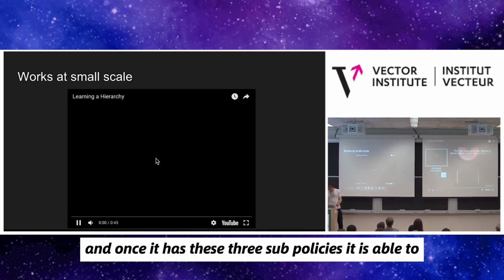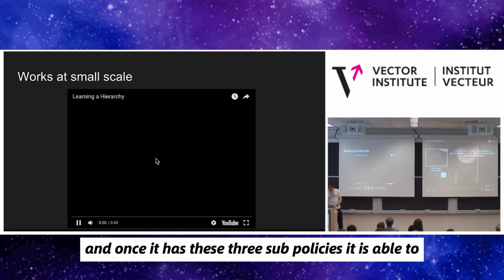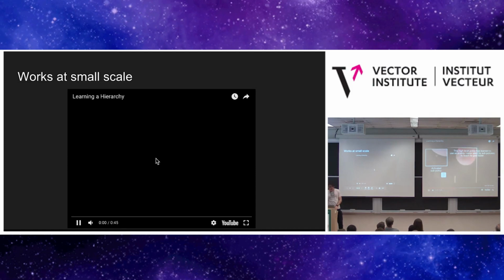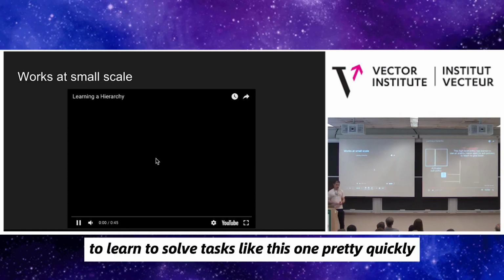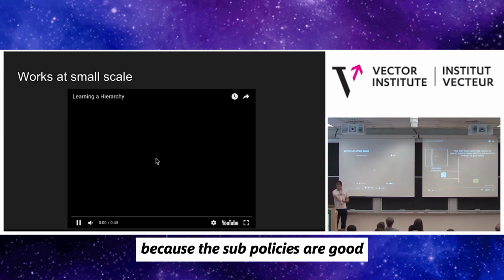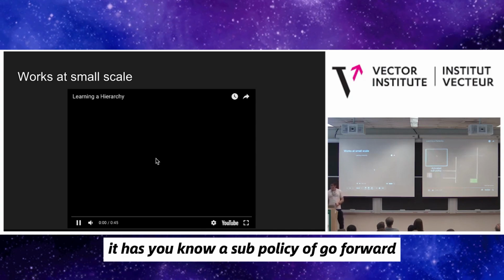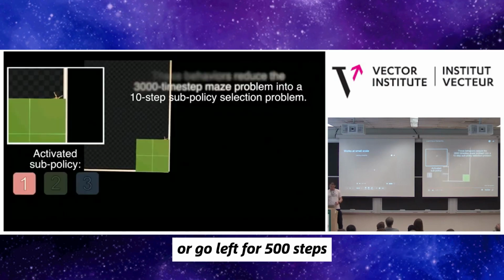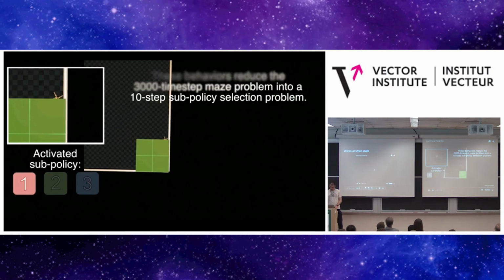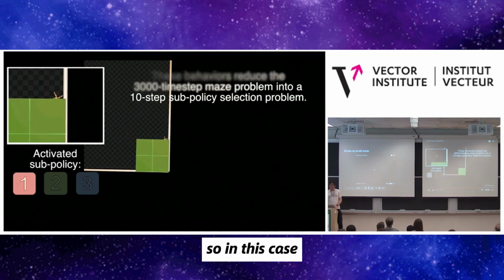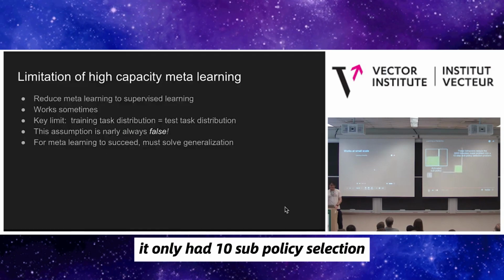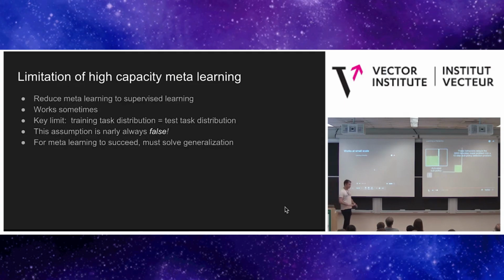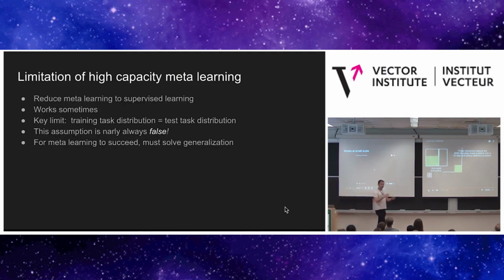And once it has these 3 sub-policies, it is able to learn to solve tasks like this one pretty quickly, because the sub-policies are good. It has a sub-policy of go forward for 500 steps, or go left for 500 steps. So in this case, it only had 10 sub-policy selections. And so it succeeded.